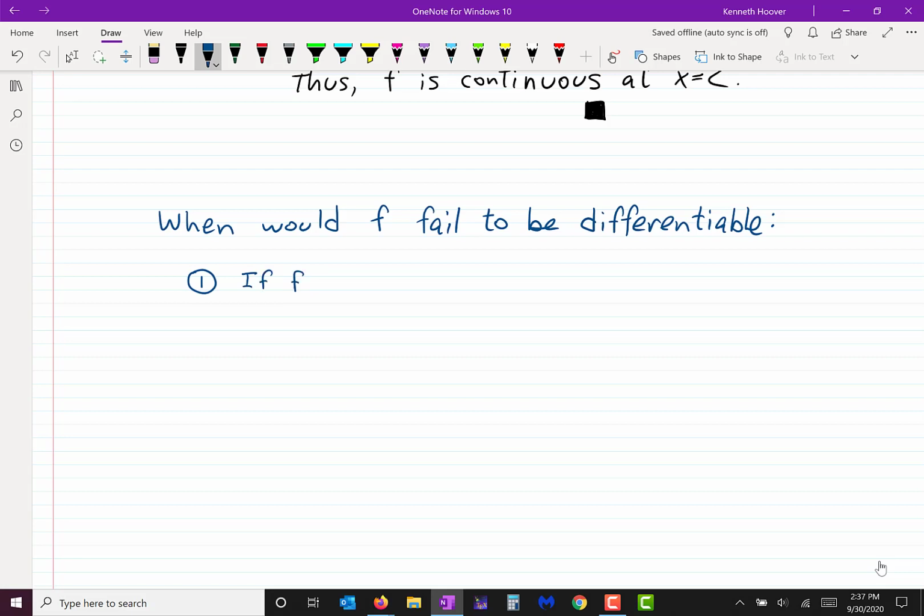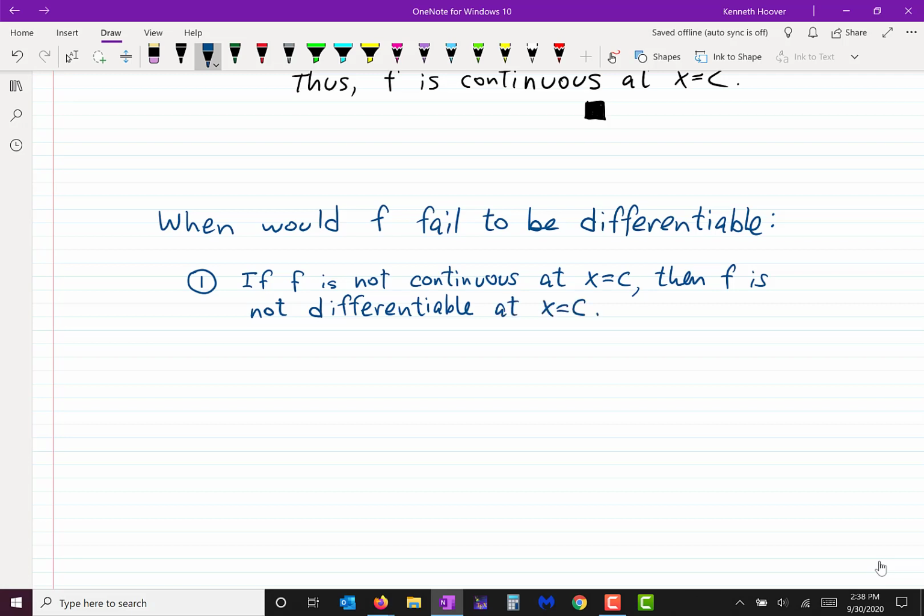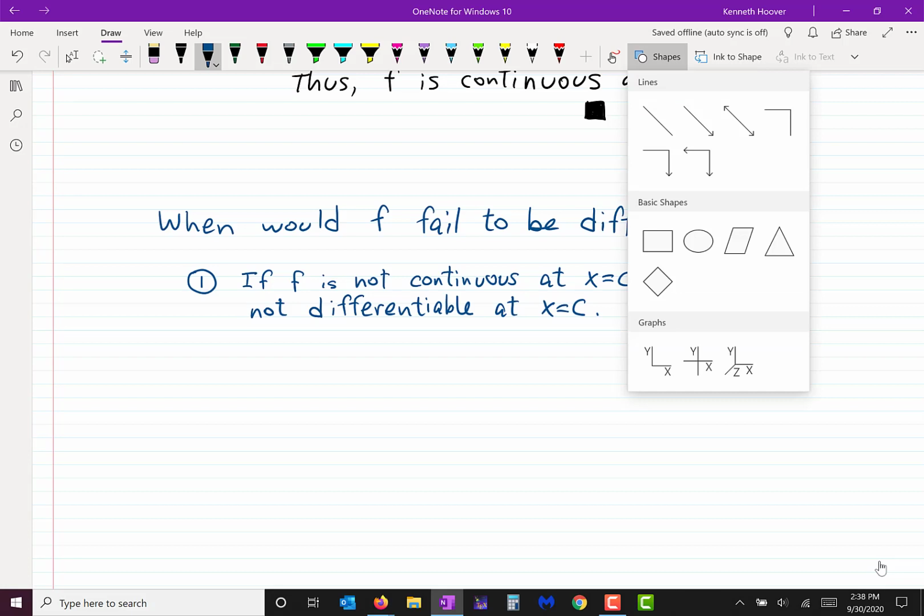If f is not continuous at c, then f is not differentiable at c. Okay, and you can imagine why if you just think about it.